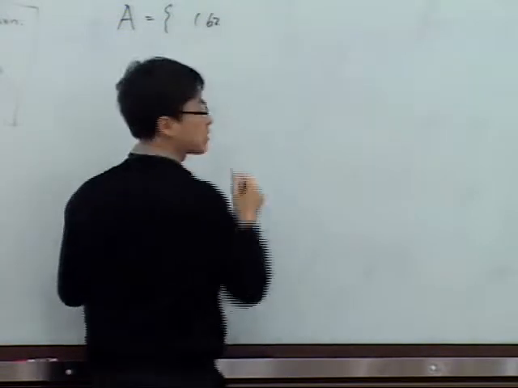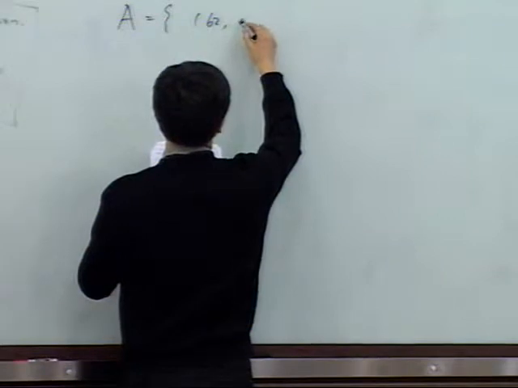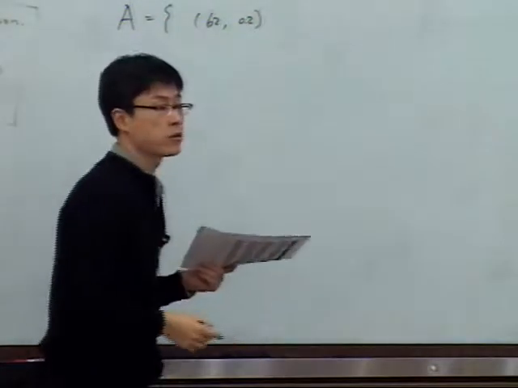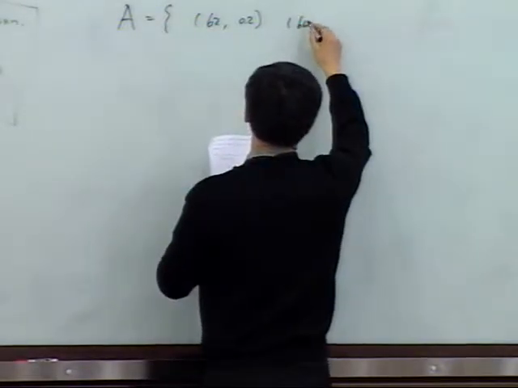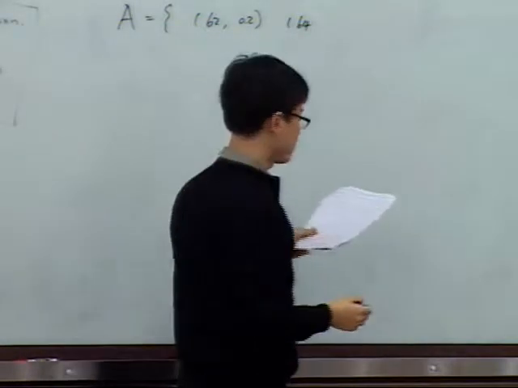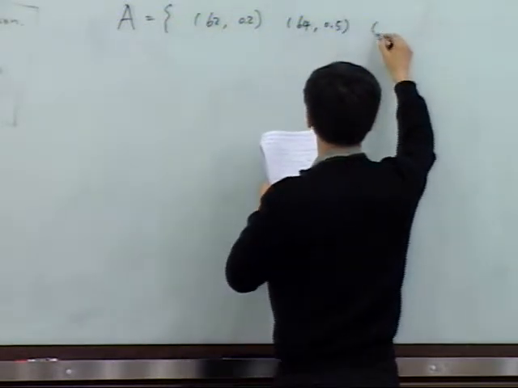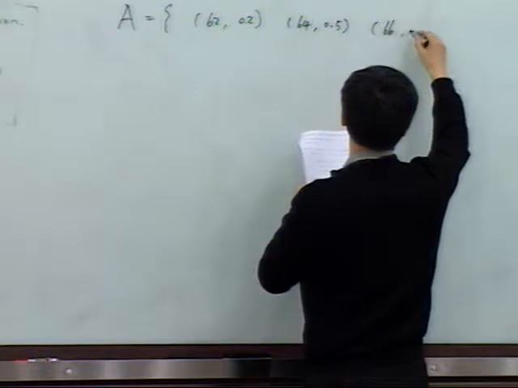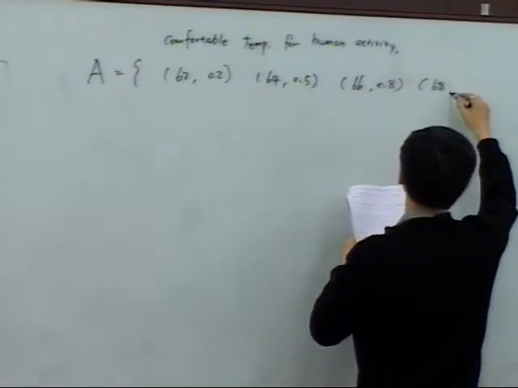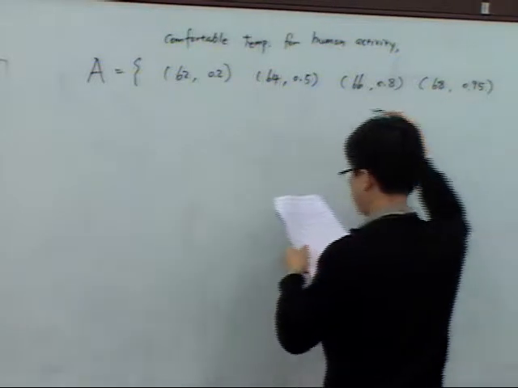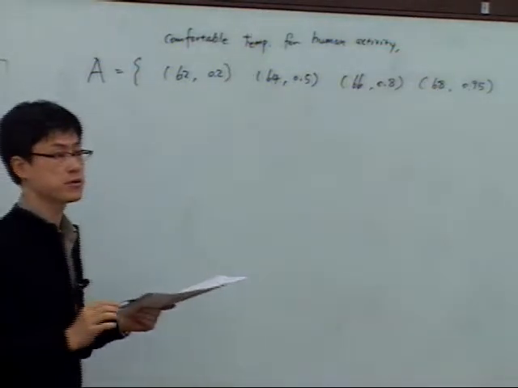So 62 Fahrenheit, that's a little bit cold, so it has 0.2 value. 64, still cool, but much better than 62. 66.8. 68.95. 68, the perfect temperature for human activity.